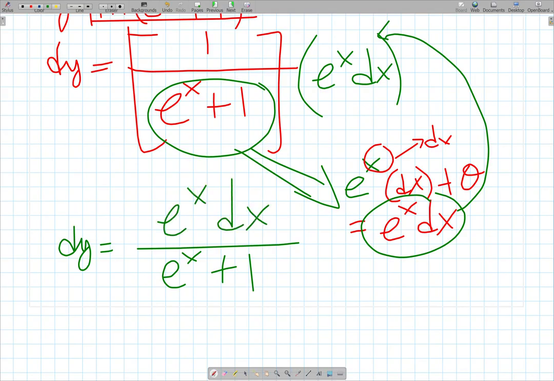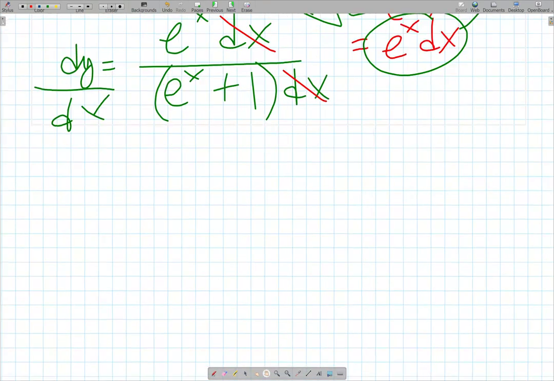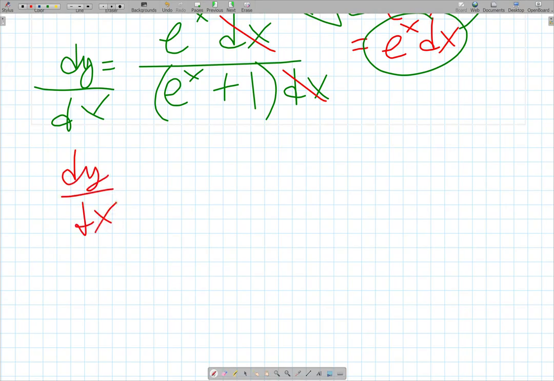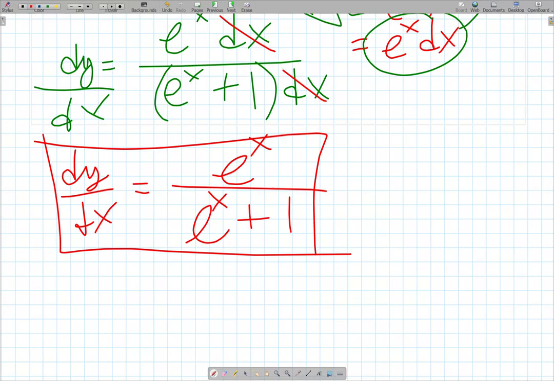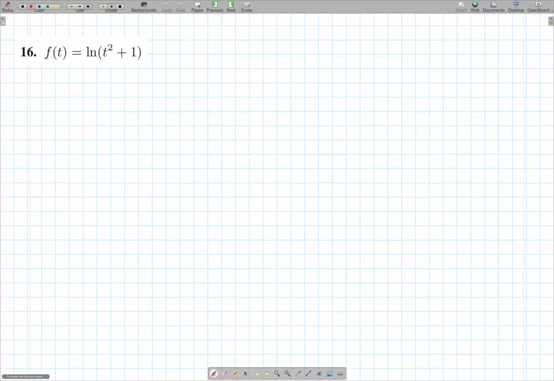Since we are looking for dy over dx, just divide this one by dx, and the dx cancels out. So our dy over dx is equal to e^x over e^x plus 1. Okay, that will do.